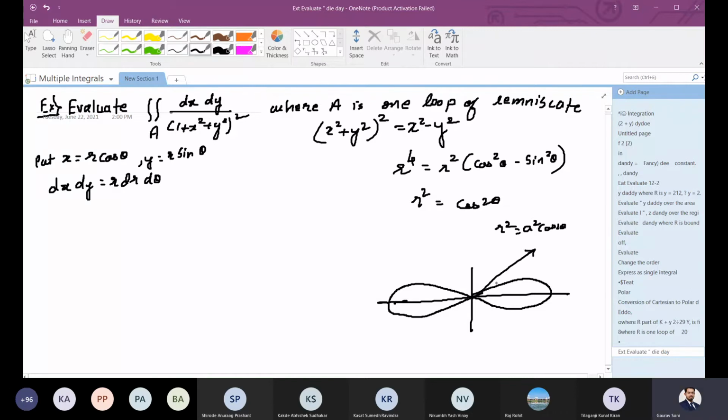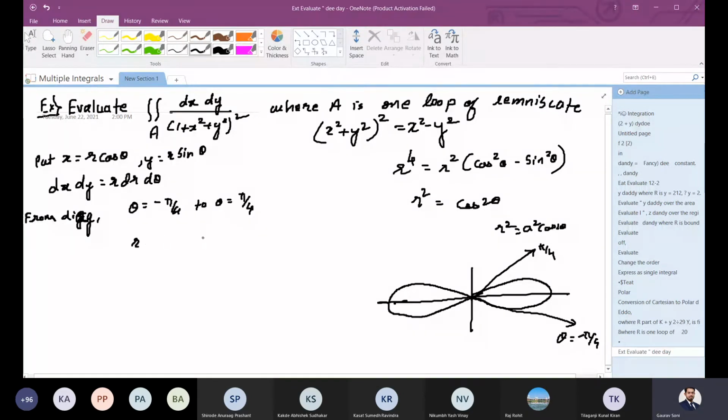So we can see that at theta equal to minus pi by 4 and plus pi by 4 it is 0. So from diagram, theta is running from minus pi by 4 to theta equal to plus pi by 4.